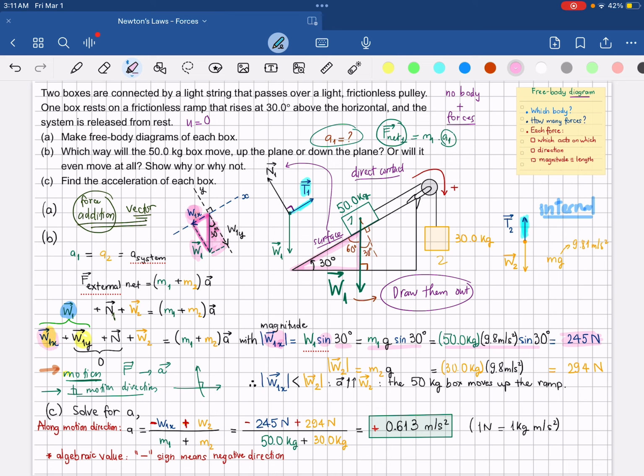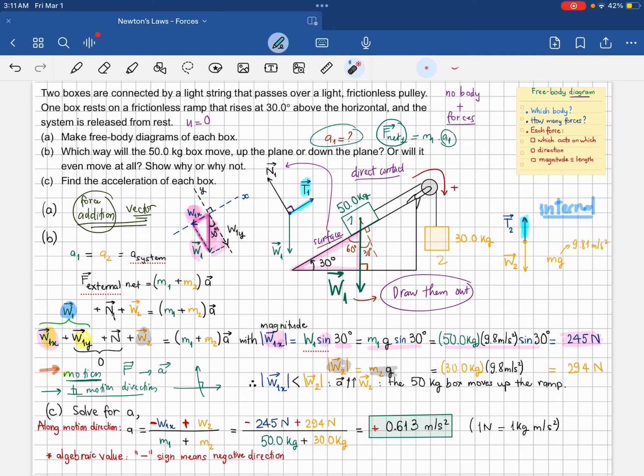The last step is to calculate the magnitude of W2. Calculating the magnitude of W2 is quite simple: just mg, and then finally we get this much. Now, how can we know if it goes this way or this way?